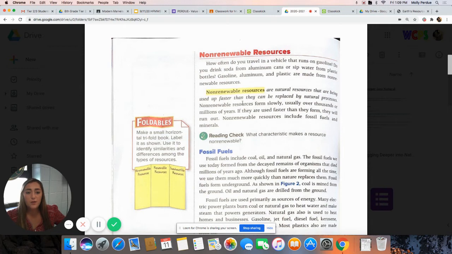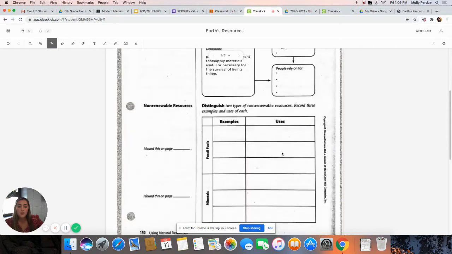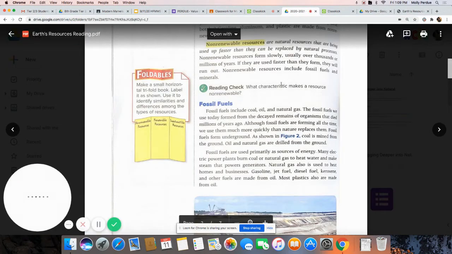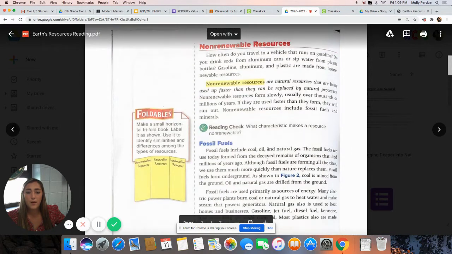Non-renewable resources include fossil fuels and minerals. Okay, so at this point, I'm just going to continue to read, and you all can pay attention to this and fill it in as I read. So we just went through examples of fossil fuels, or we're about to go through examples of fossil fuels. Okay?